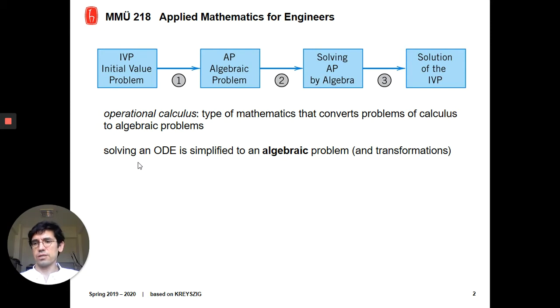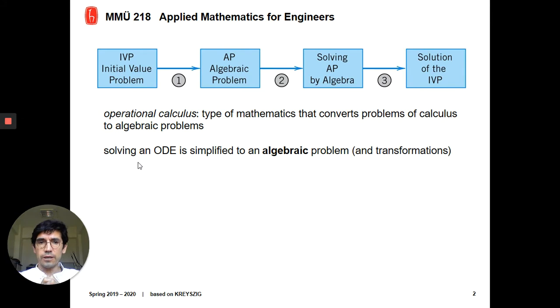Okay, so it's like all of a sudden your ordinary differential equation turns into multiplications, divisions, additions, and subtractions. So in that respect, Laplace transform is quite powerful and valuable for engineers because you can easily code them into some programs, in computer programming.